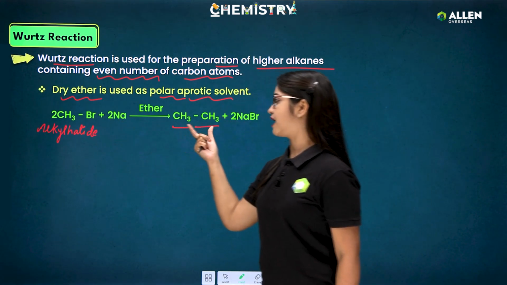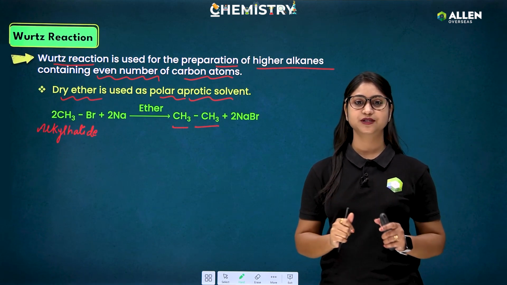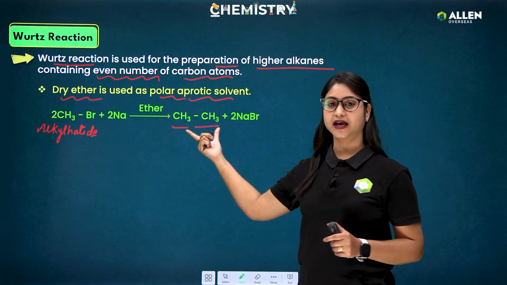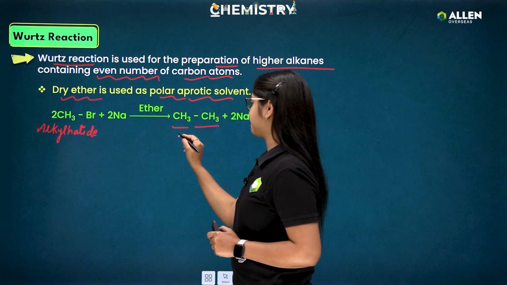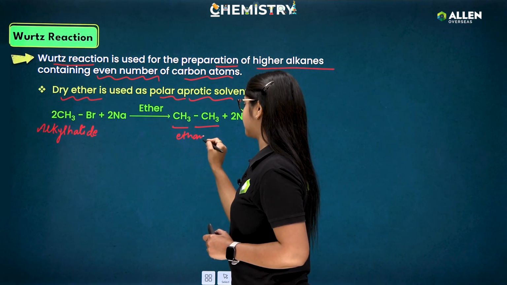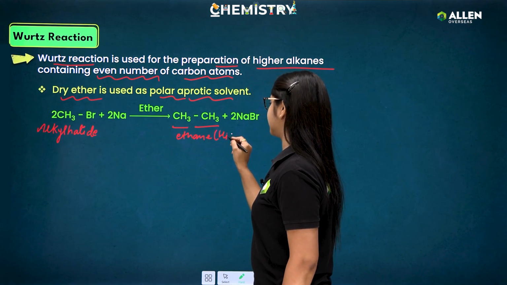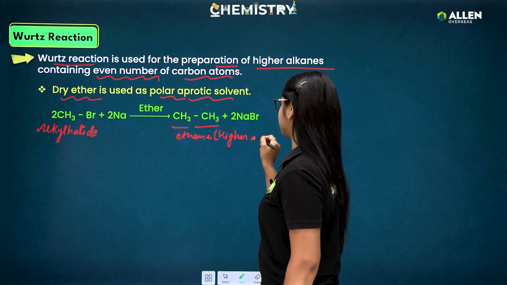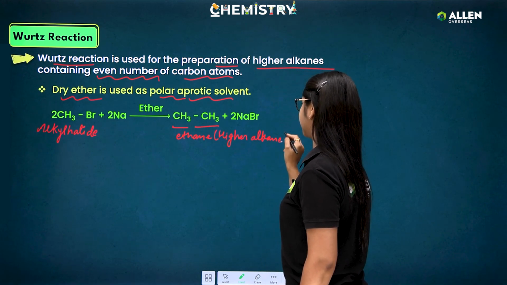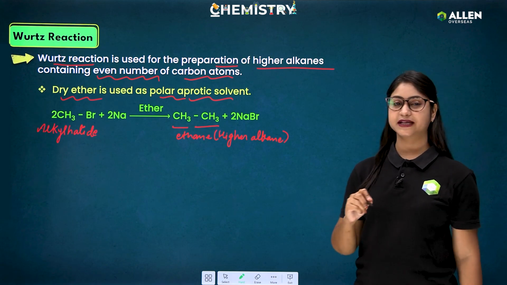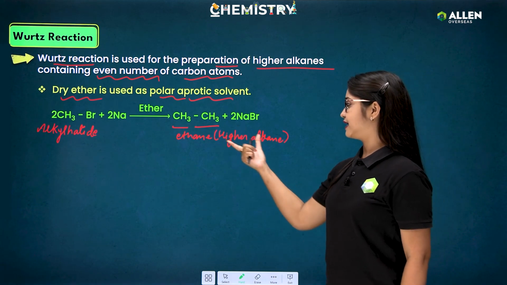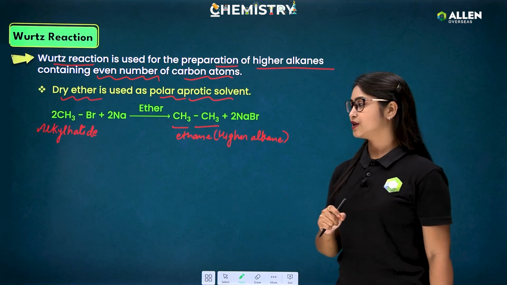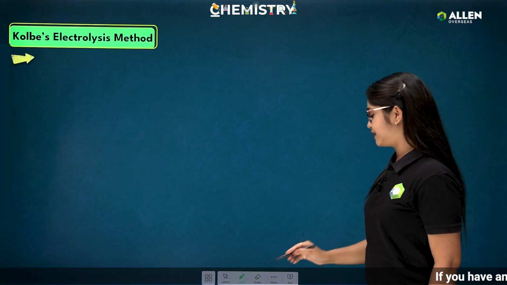Two methyls have coupled together, and you are getting a higher alkane. So this is ethane, and that is the higher alkane, and with this you are getting NaBr. So higher alkanes are obtained by this reaction.